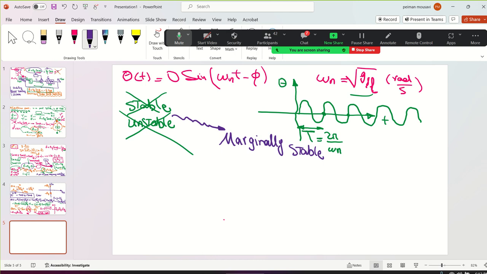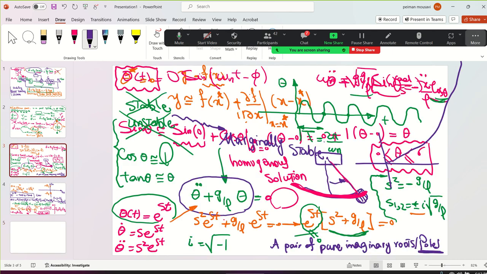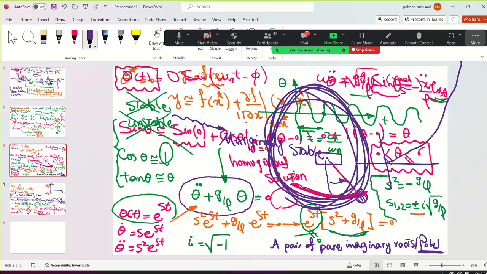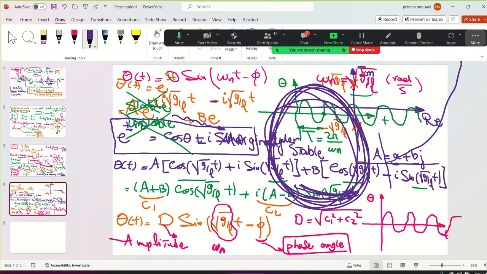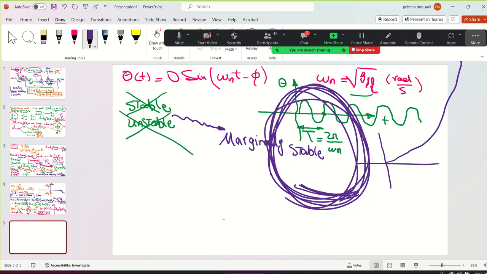It is not stable because it's oscillating. An oscillating system is not stable. Stable means it remains at the things that you want to have. But it is not unstable either. Unstable means that the angle of the pendulum goes off forever like this. But this is oscillating like this, so it is on the border of stability and instability. We say it is marginal.